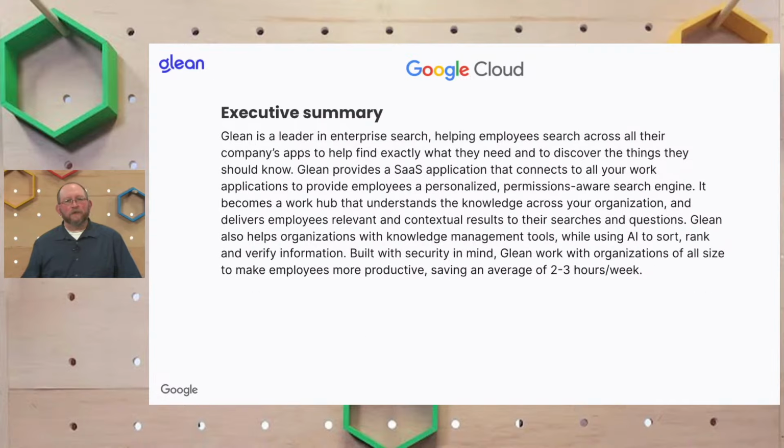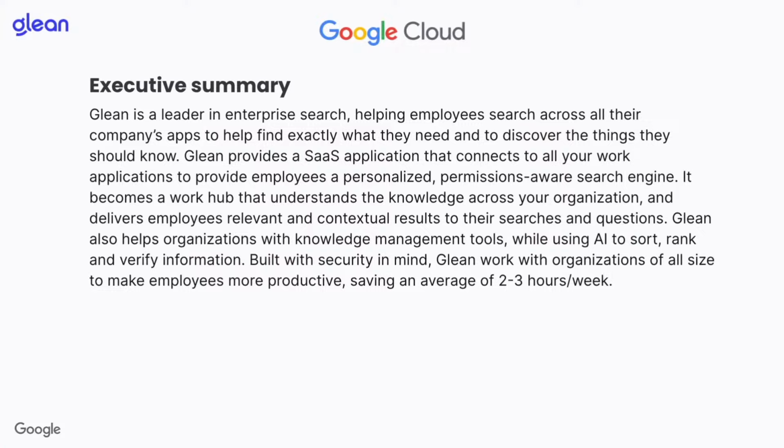And then lastly, Glean, another tremendous partner of Google's. They have done incredible work with search and introduced technology that really allows you to elevate search to the next level.